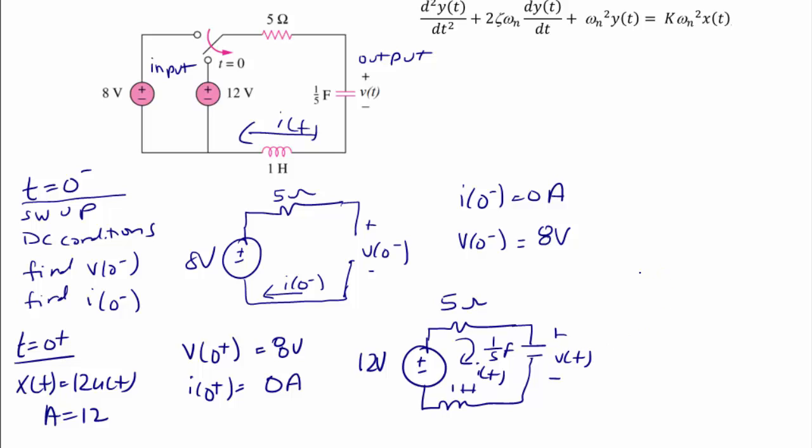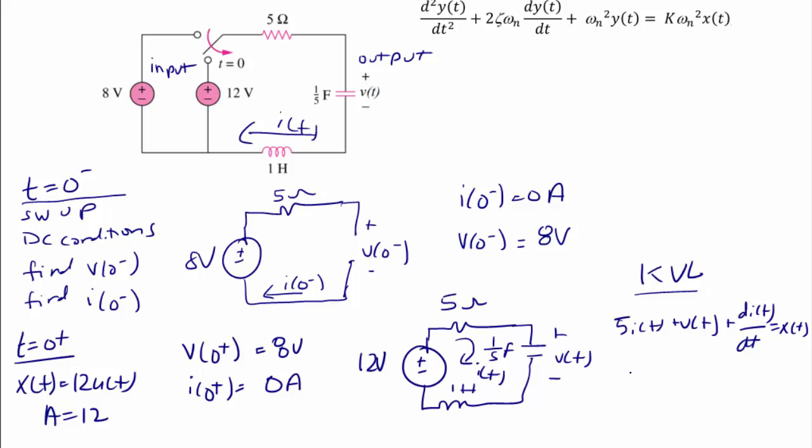And we're going to write the KVL equation. The KVL equation is the sum of the voltages around the loop is equal to 0. So I'm going to have 5 I of t plus V of t plus L d I of t dt, but L is a 1, so that's d I of t dt equals x of t.